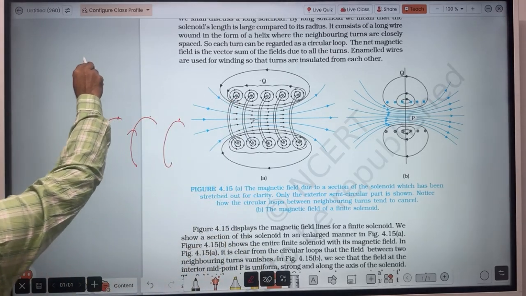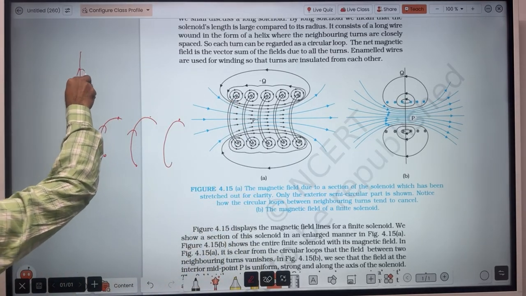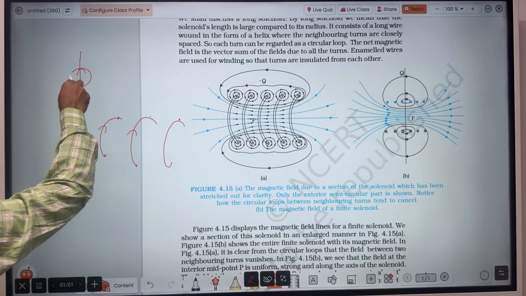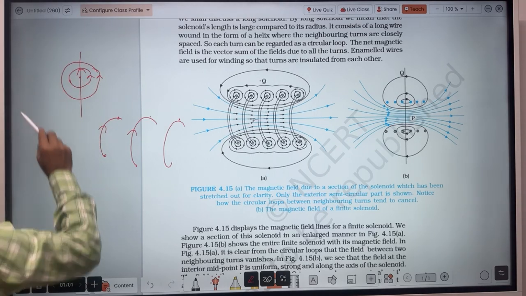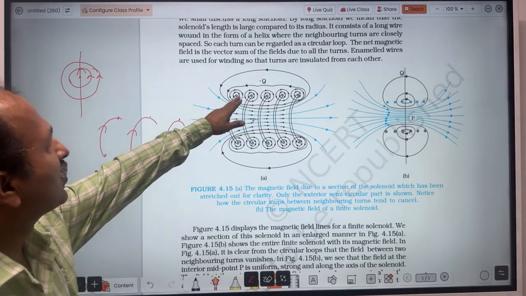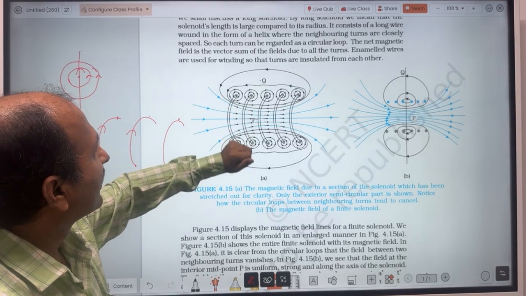And if you remember, if there is a wire that carries current, then the field lines will be concentric circles. The same thing is shown here, right?